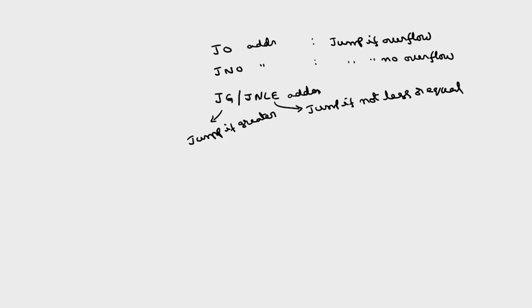So what is the opposite to this one? Opposite to this one is jump if less, or this is equivalent to jump not greater or equal. So this stands for jump if less, jump if not greater or equal.